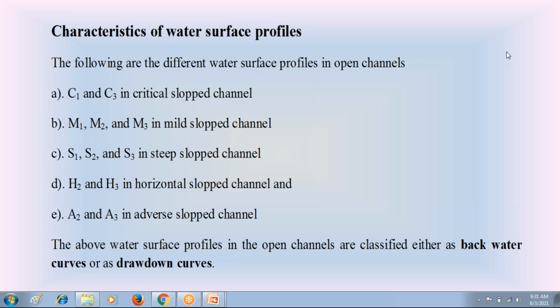In open channels, the rising water surface profile is called a backwater curve. The falling water surface profile is called a drawdown curve. So in open channels, either natural or artificial, the water surface profiles are classified as backwater curves and drawdown curves.